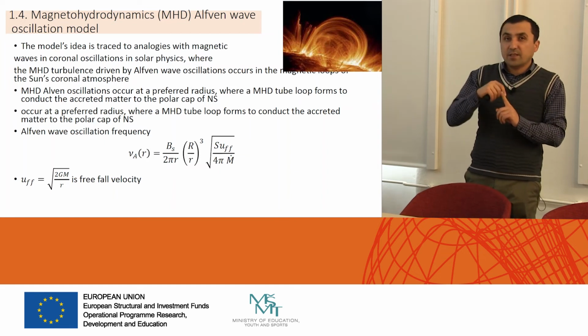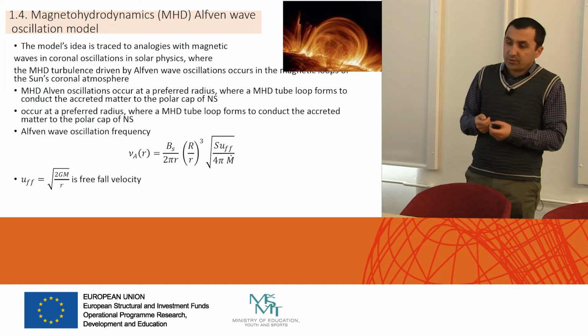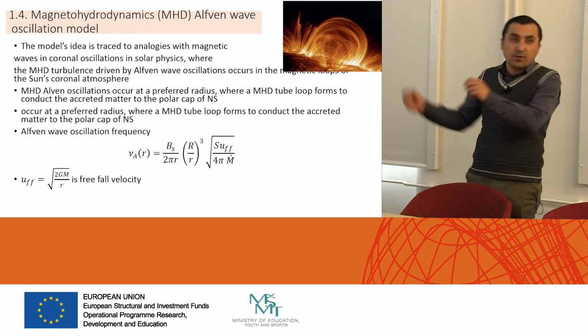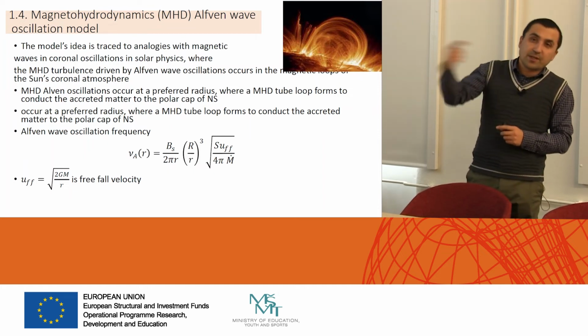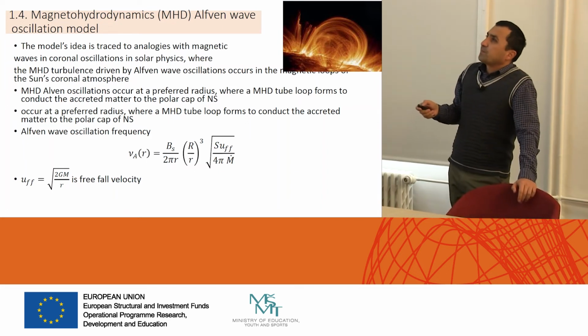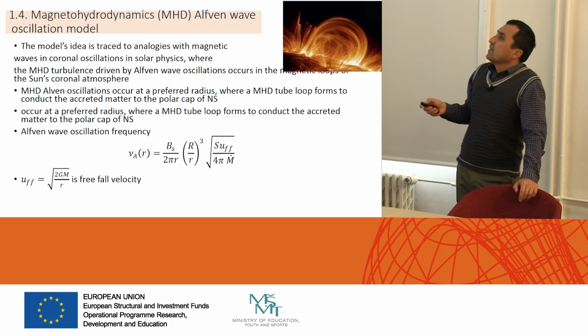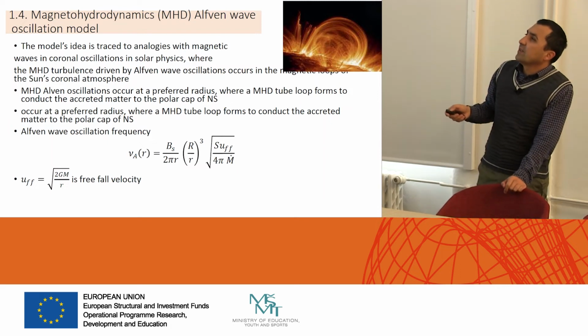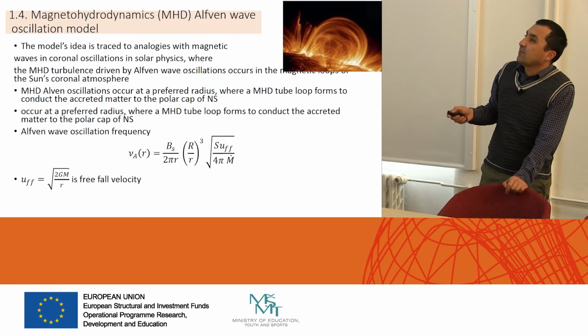This parallel electric field forces the charged particles to follow along the magnetic field lines. So this Alfven wave oscillation frequency is dependent on the magnetic field.